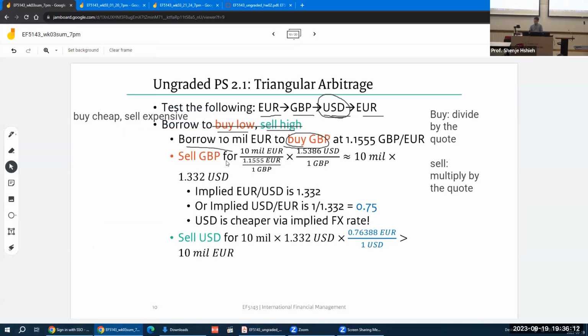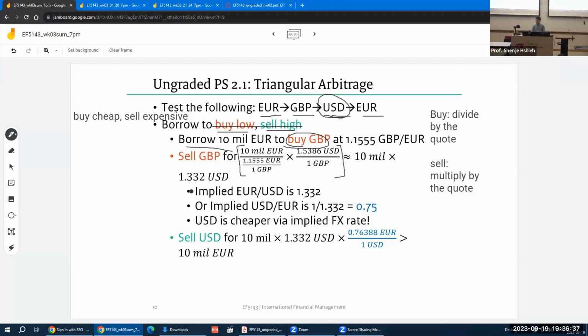All right. So that's exactly what I wrote here, right? You started with 10 million euros, you converted to British pounds by dividing by the price of pounds in terms of euros. And then we multiply by 1.5836 because we are selling it. We're selling the pound for dollars. And in the end, you get 10 million times 1.332 US dollars.